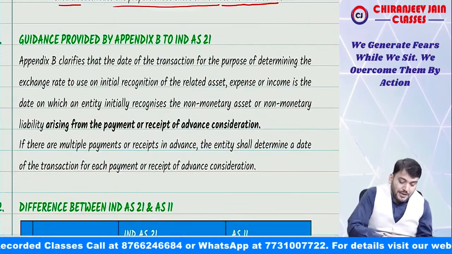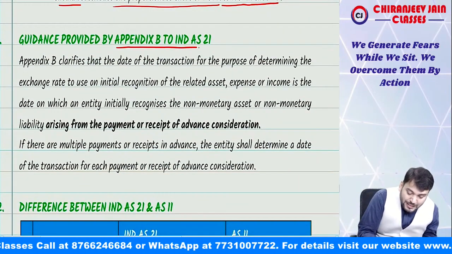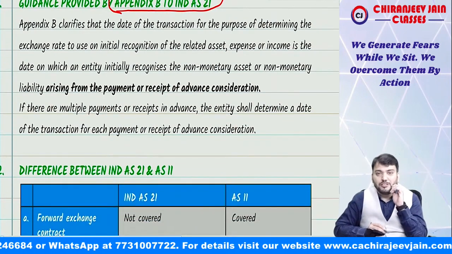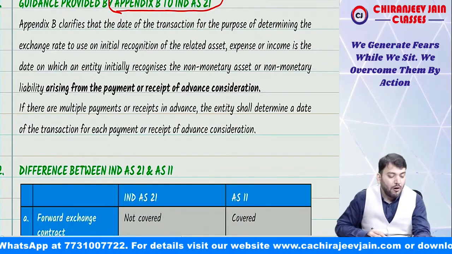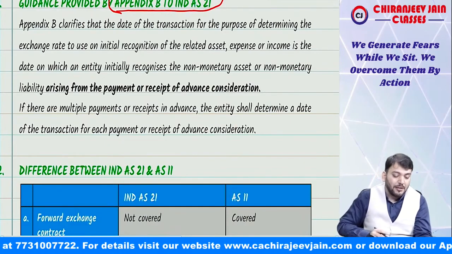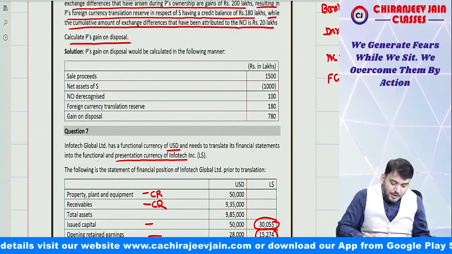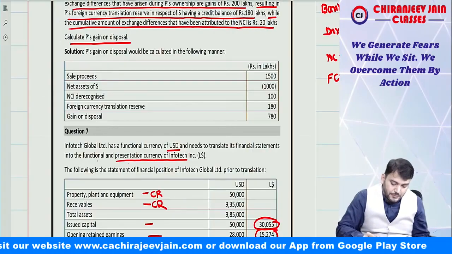Now, guidance provided by Appendix B to Ind AS 21. Already I have done one question based on this. All questions are covered. All concepts are covered. But I would like to take one more question. Now come to question number 10.